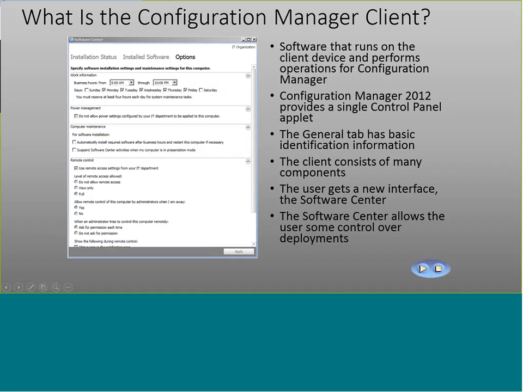And then there is another software that runs on the client device and performs operations for configuration manager. So this is a software. Configuration manager 2012 provides a single control panel applet. We just saw that. The client consists of many components. We're gonna see those. The user gets a new interface. So guys, two things. Software Center, you can see there right now, Software Center.